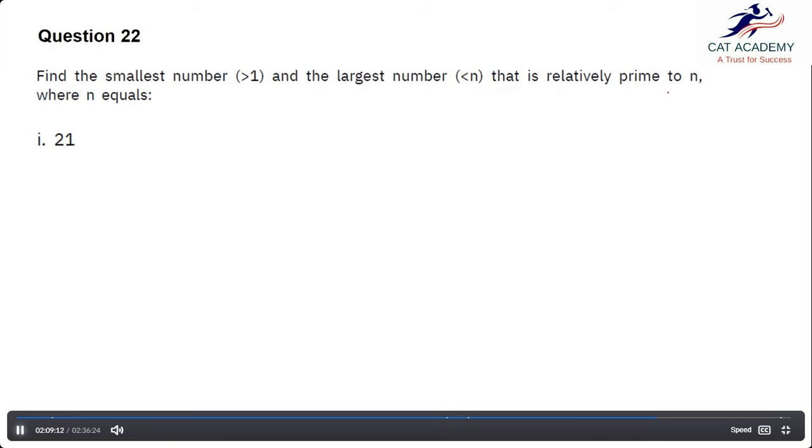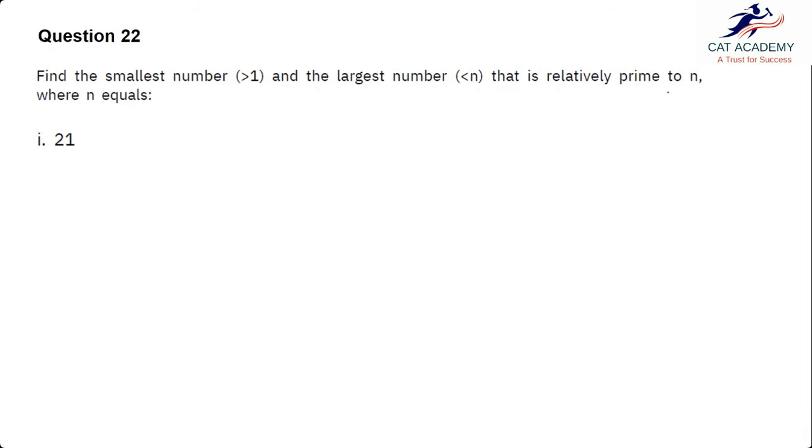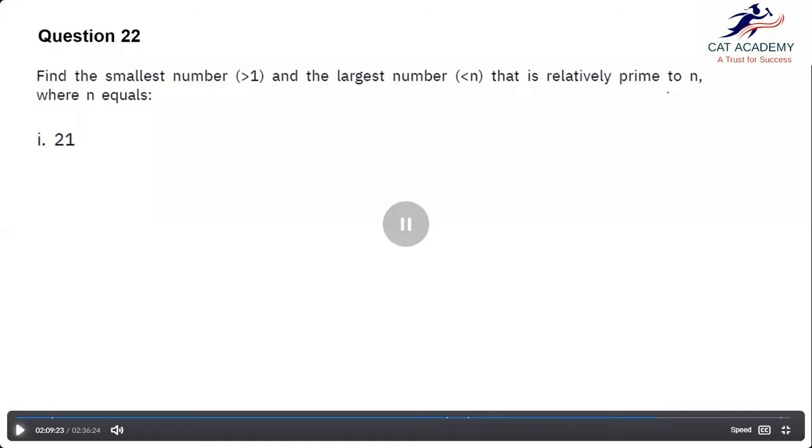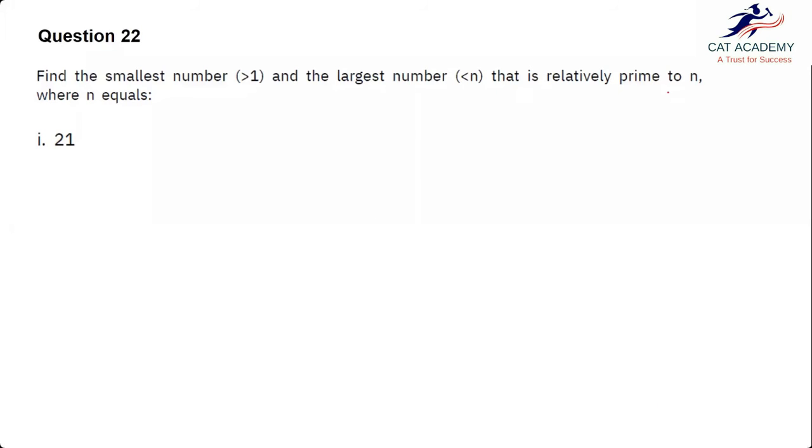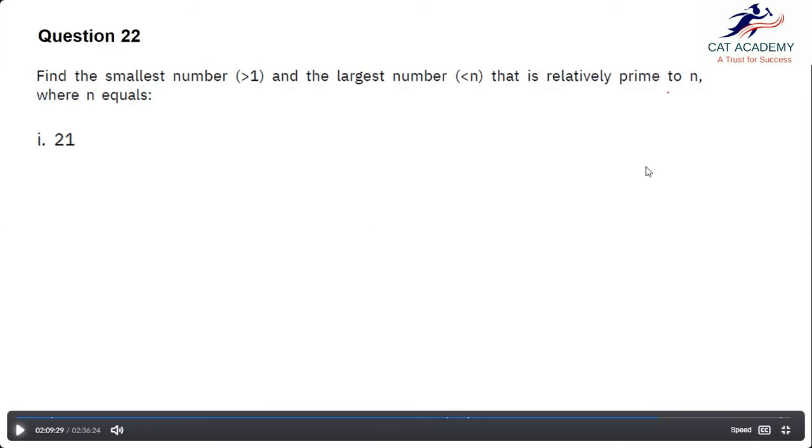So what did I say? A relatively prime number is a number that does not have a common factor with the other number. Right?